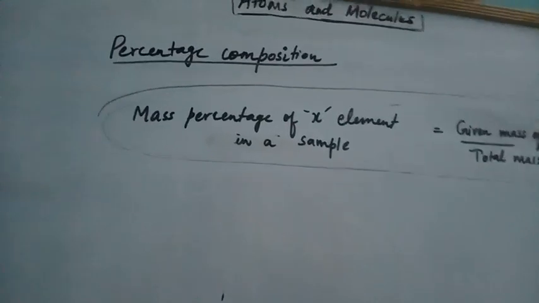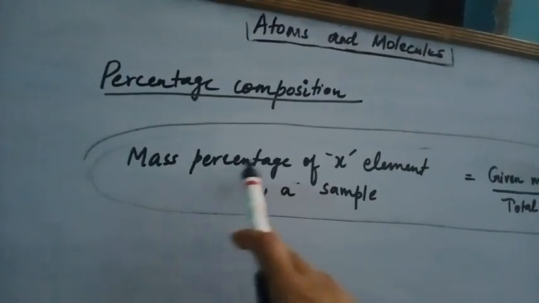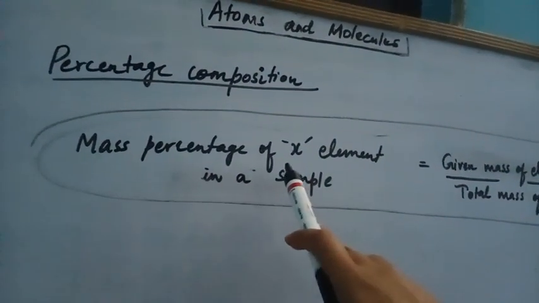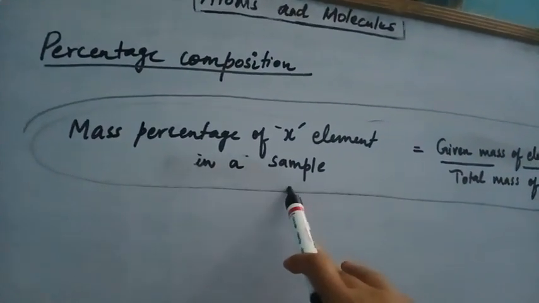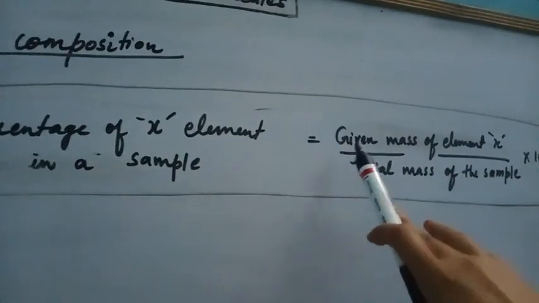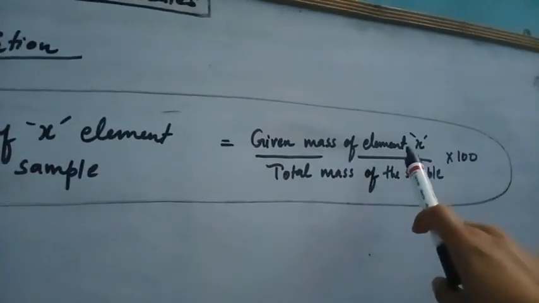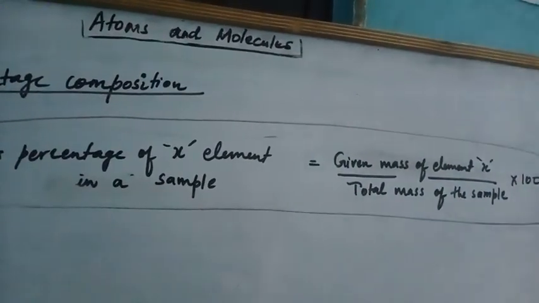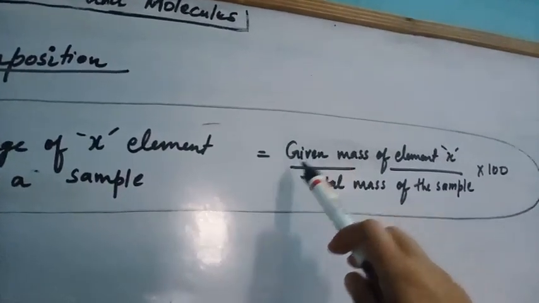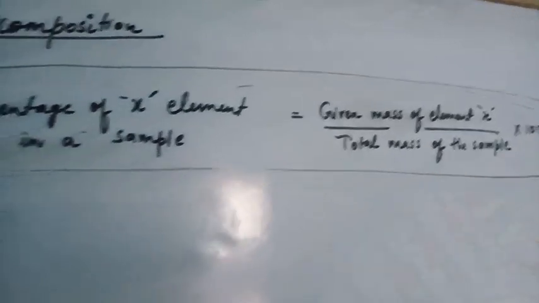So if you are asked to find the mass percentage of constituent element X present in a given mass of a sample, it is calculated as the given mass of element X, whatever the mass of the constituent element X is, divided by the total mass of the sample.